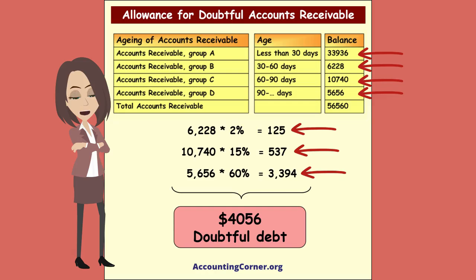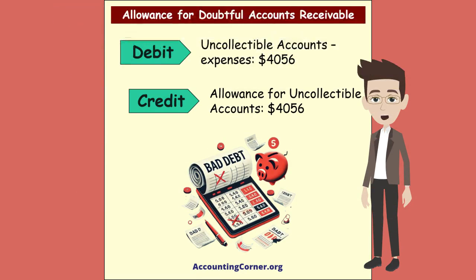The amount is $3,394. The total allowance for doubtful accounts in this example amounts to $4,056. The journal entry involves debiting uncollectible accounts expenses and crediting the allowance for uncollectible accounts by the same amount.